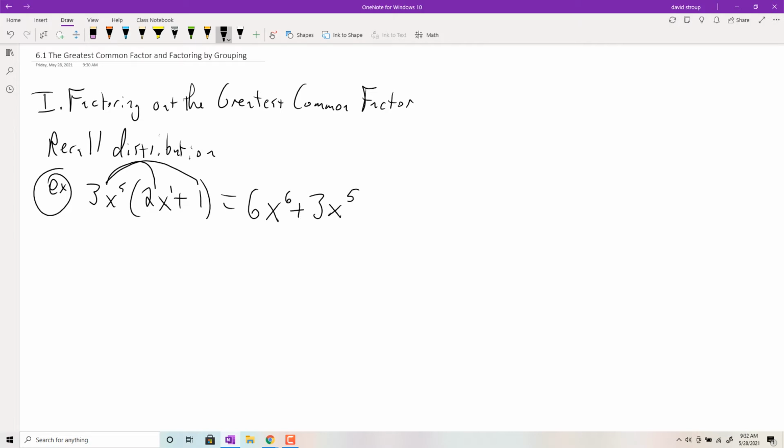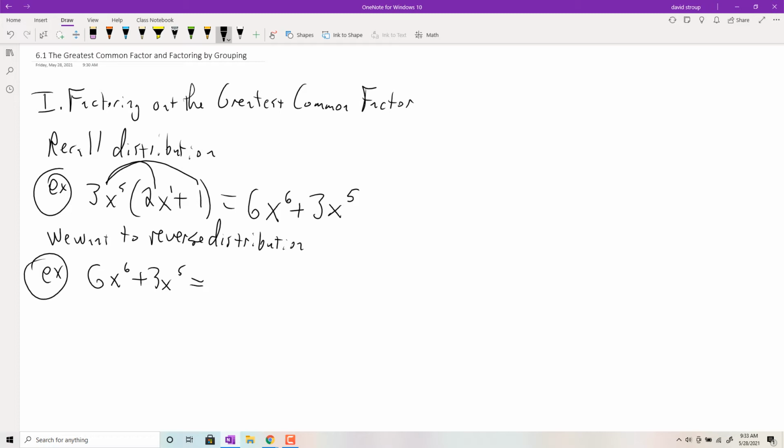What we want to do is reverse this process. We want to reverse distribution, and there's a couple ways you could do this. For example, if you were just given 6x to the 6th plus 3x to the 5th, you could just factor out part of it.